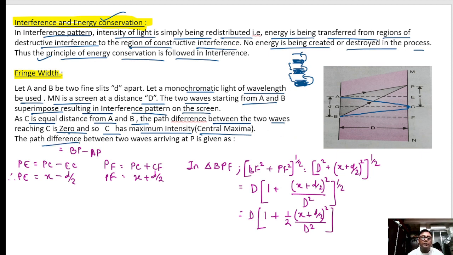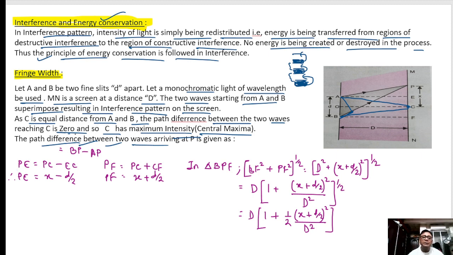The path difference between the two waves reaching P, what is the path difference? This is the path difference, which will be BP minus AP. Now what is PE? Please watch here.